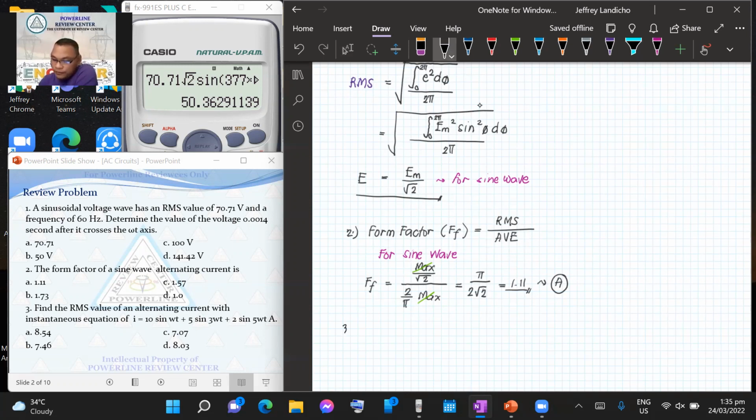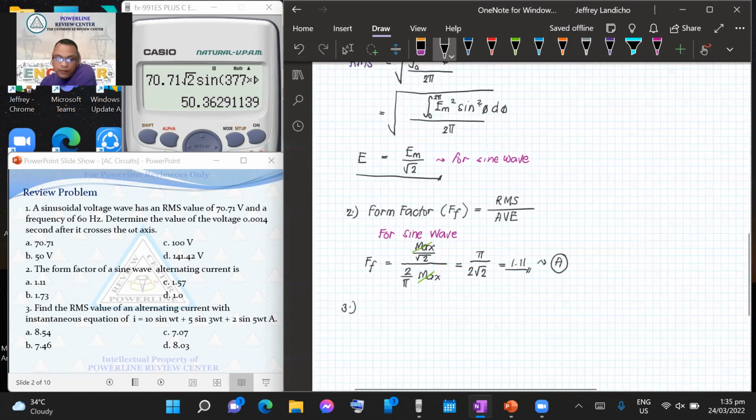Number 3. So for number 3, find the RMS value of an alternating current with instantaneous equation. No? So the instantaneous equation of our current, that is 10 sine omega t plus you have 5 sine omega t plus you have 2 sine 5 omega t ampere.